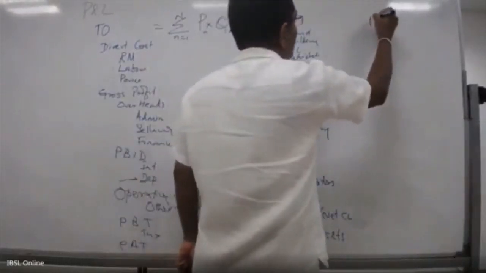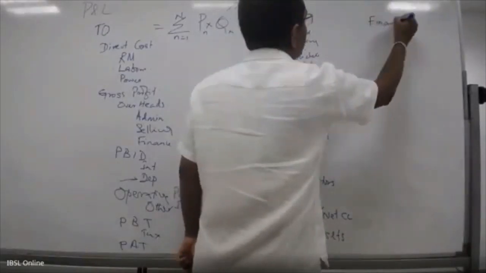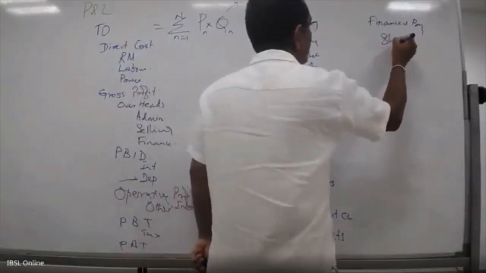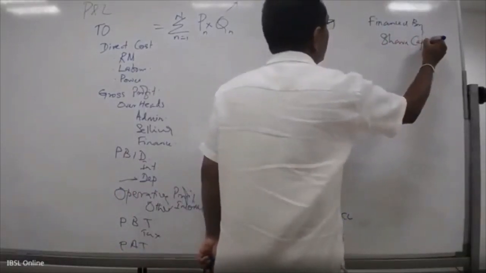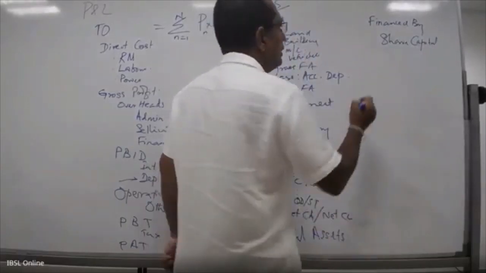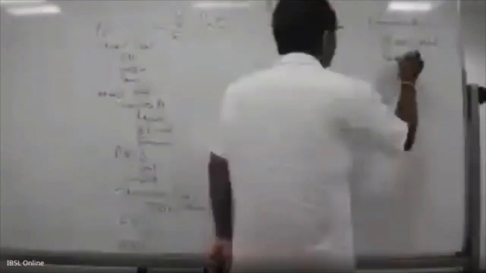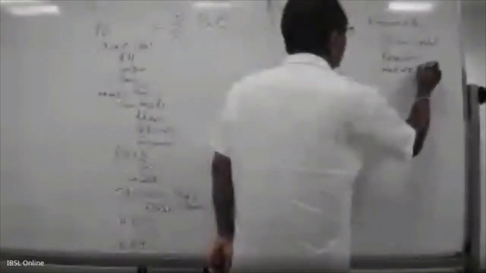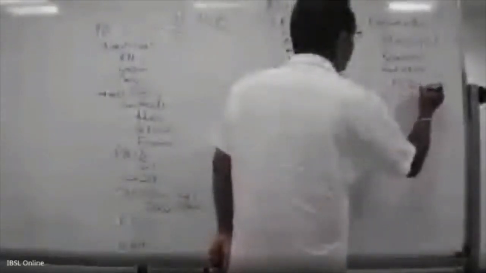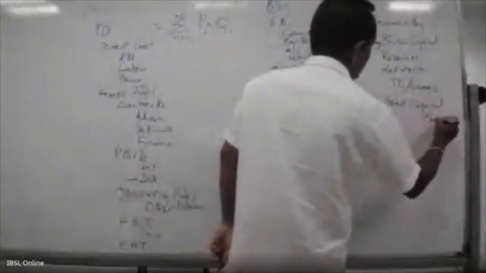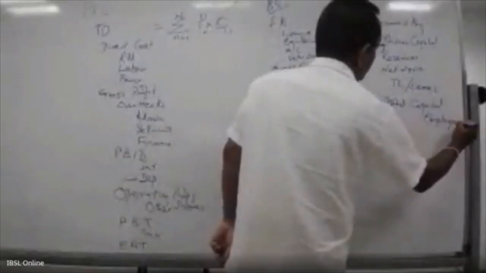Then we can have the finance portion, where it is share capital, reserves, net worth, term loans and leases, total capital employed, right?